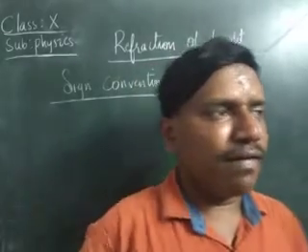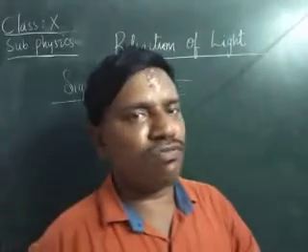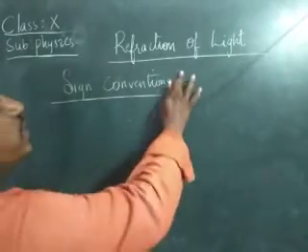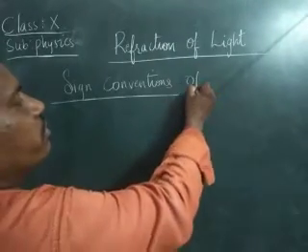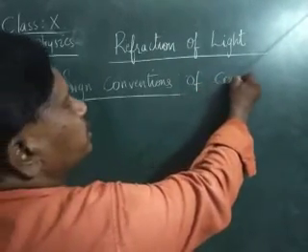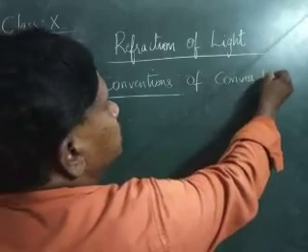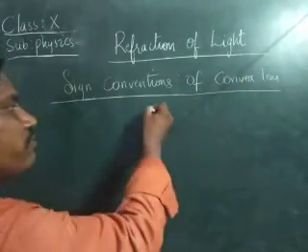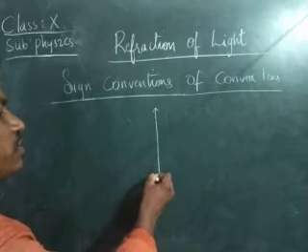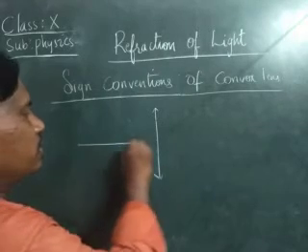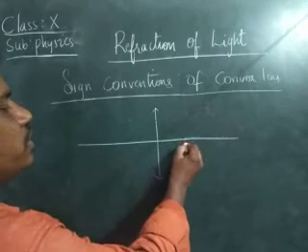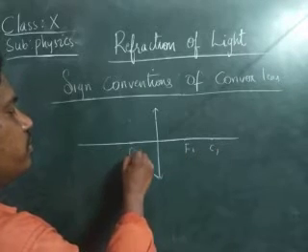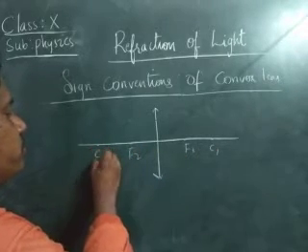And here, when we see the sign conventions of convex lens and concave lens, first the convex lens. We can see the convex lens here, F1, C1, F2, C2.